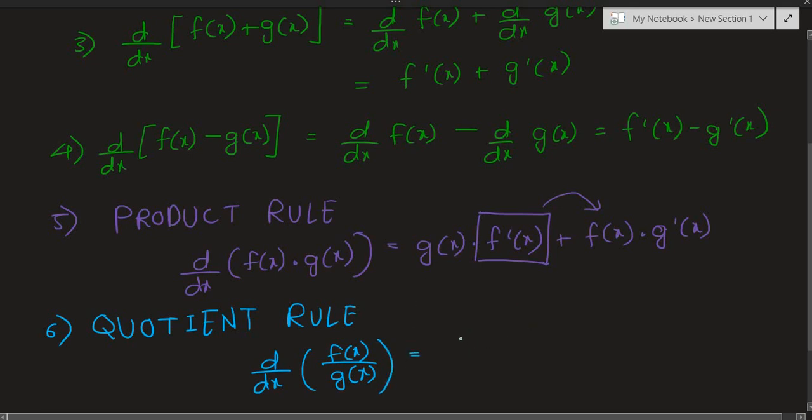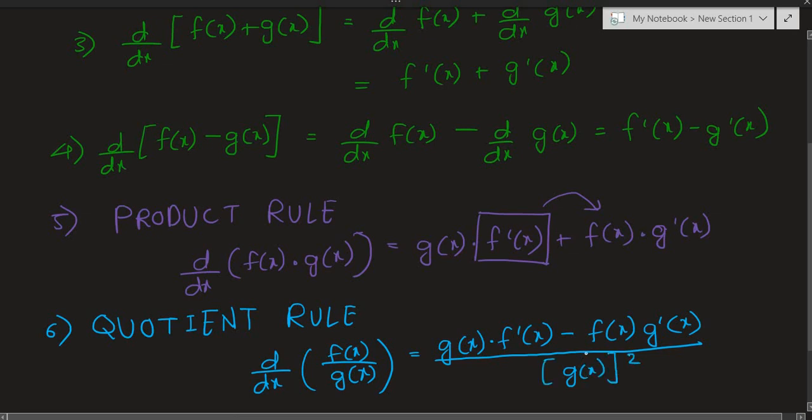So now our property says you treat g of the denominator function as a constant multiplied with the derivative of the numerator function, so g of x times f prime of x, minus, now you do the opposite, you take f as a constant and then g prime of x, so you divide by the denominator function, but the whole thing squared.